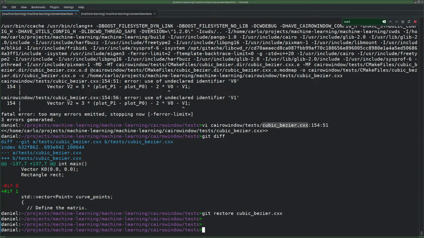This thing is not really useful. Let's make a copy of this thing. I'm gonna call it cubic Bezier 2.